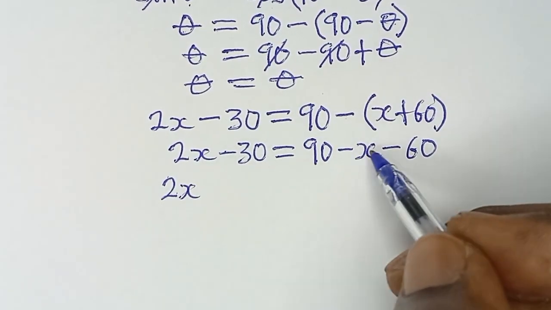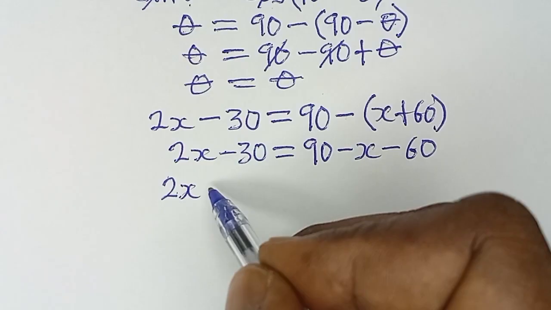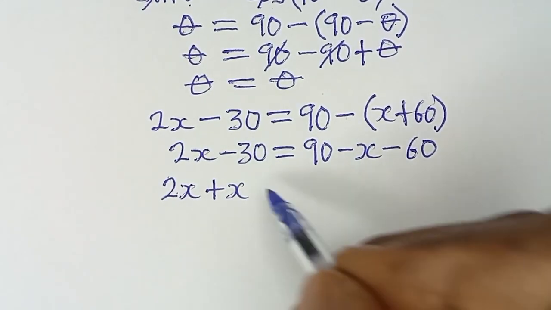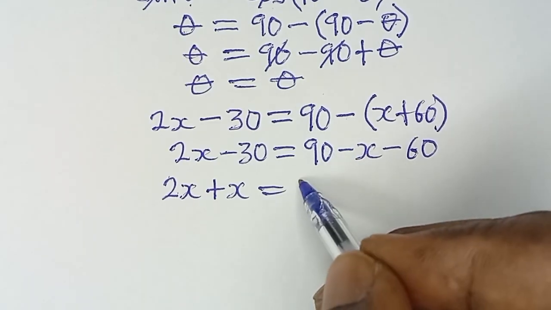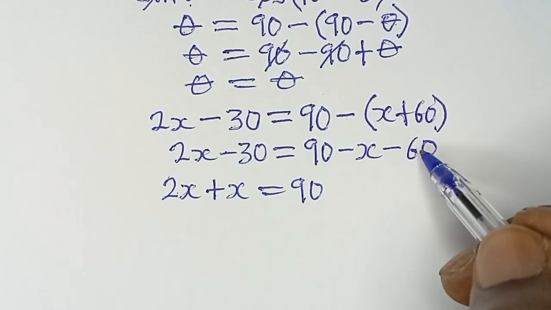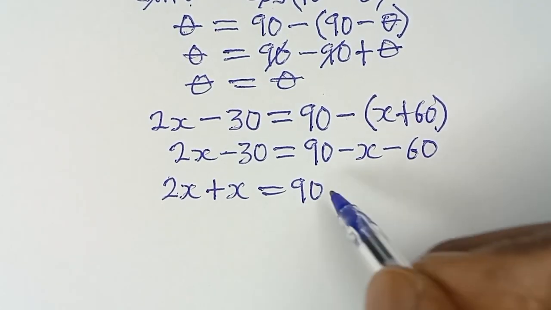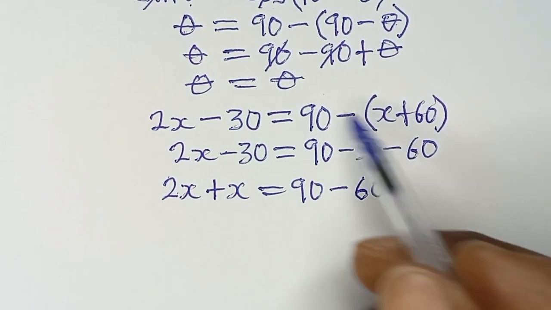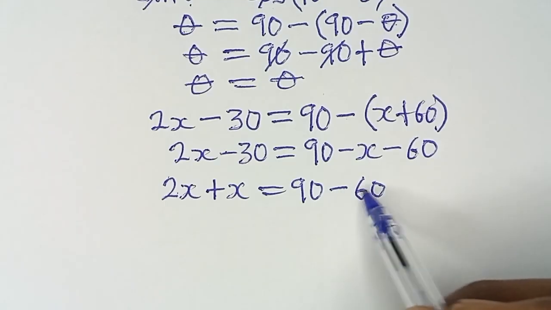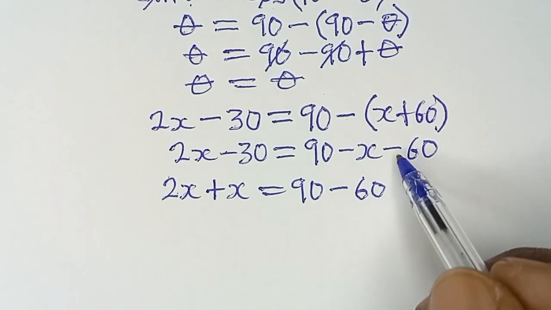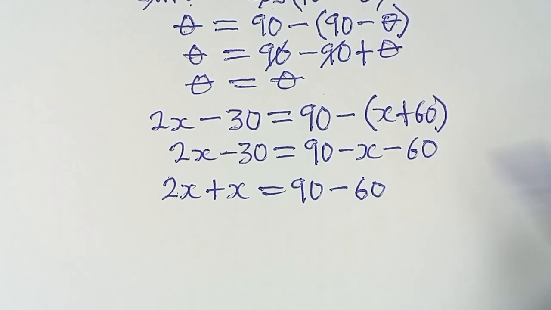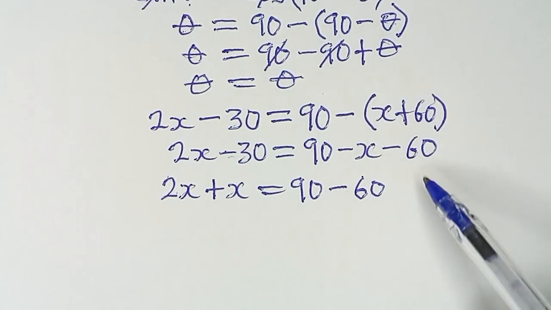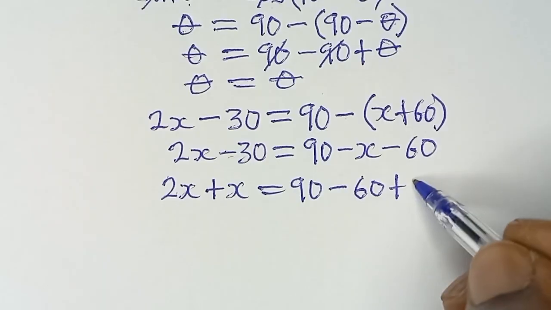The negative x, if I bring it to the left-hand side, becomes positive x, and it is equal to 90, which is already here, positive 90. Negative 60 is still on the right, so I'll still write it as negative 60. Please, it did not move to the left-hand side, so the sign is not changing because it is still on the right-hand side. So the sign remains negative 60. And then I have negative 30 coming to the right-hand side, it becomes positive 30.